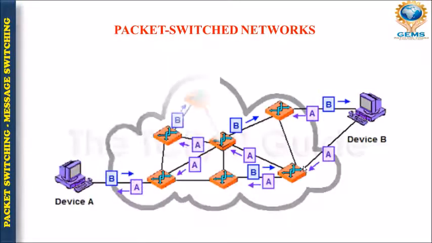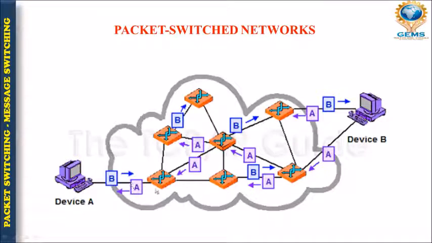Okay, so this is a good example of a packet switch network in which this is A first, this is B second, and these are the switches being used.